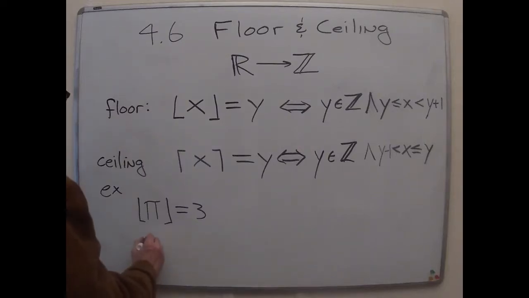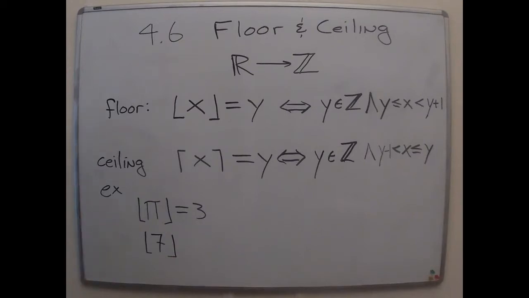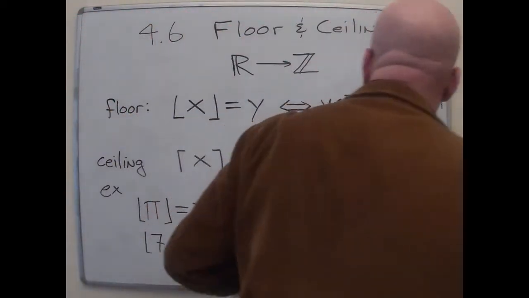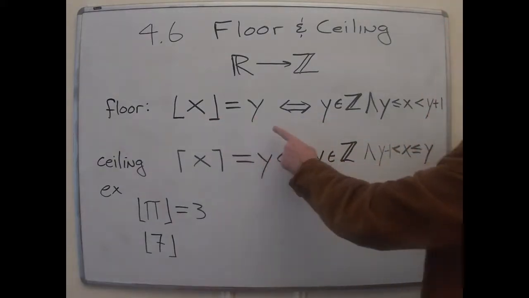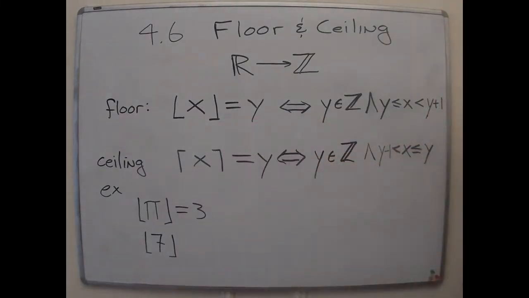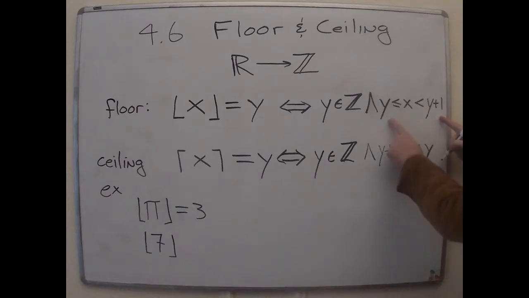What about if I start with an integer and I want the floor of that? So if x is 7, what should y be? Well, you want to concentrate on this inequality. If x was 7, how about y would be 7 too?